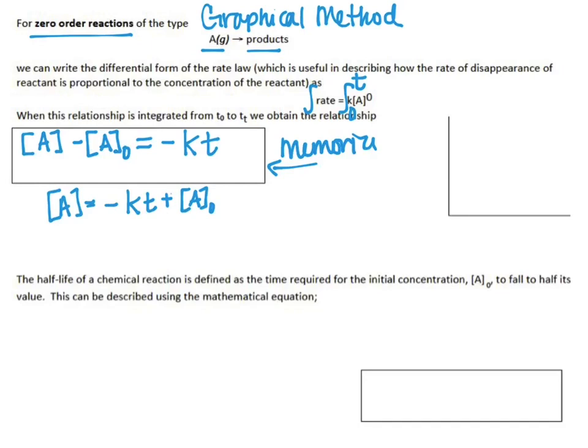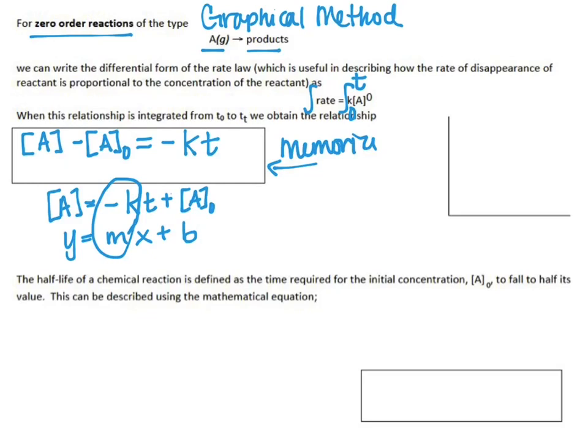So what's this look like? y equals mx plus b, right? So from this we can get our order, and we can find the rate constant. Our rate constant would be our m, or in our calculator it comes out as a.